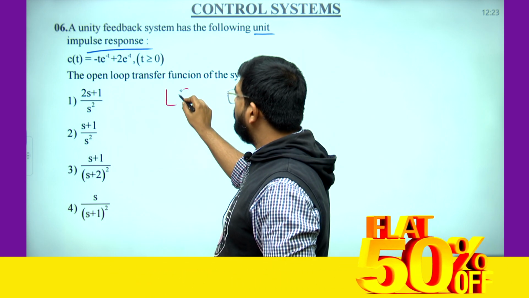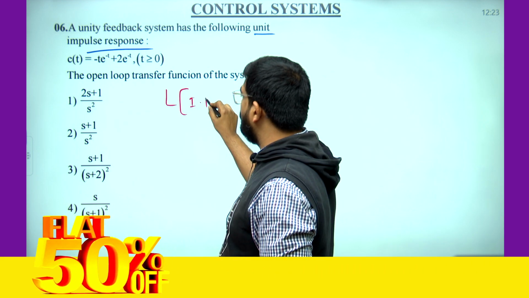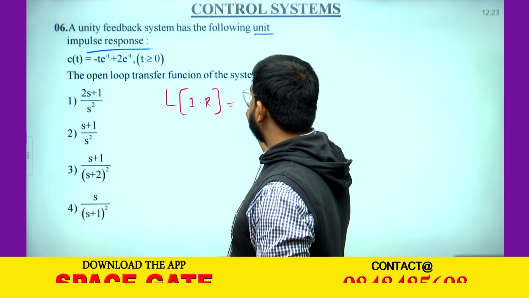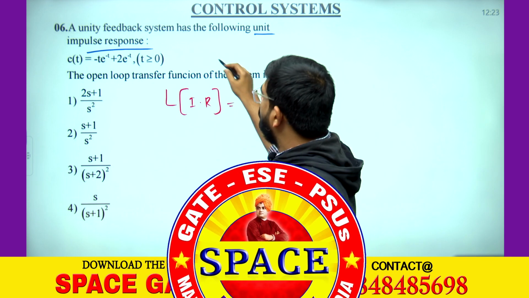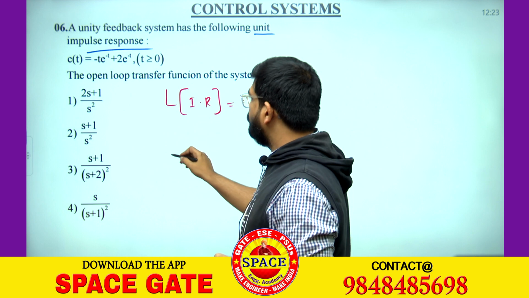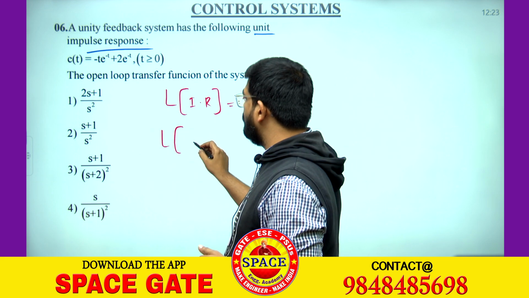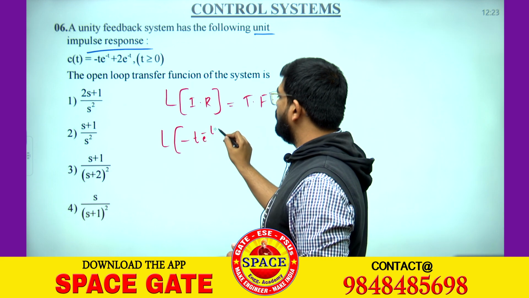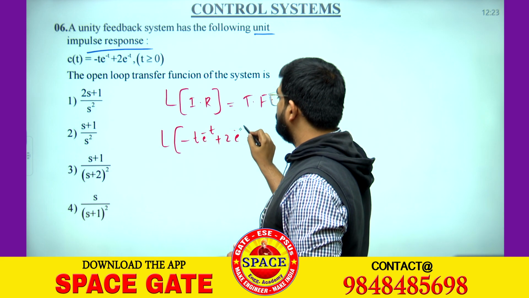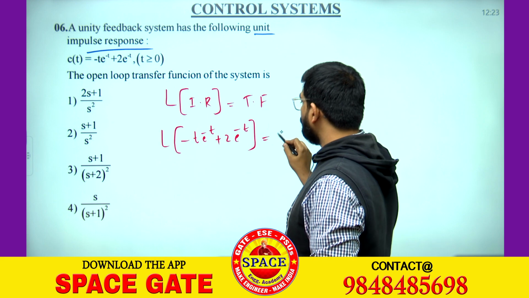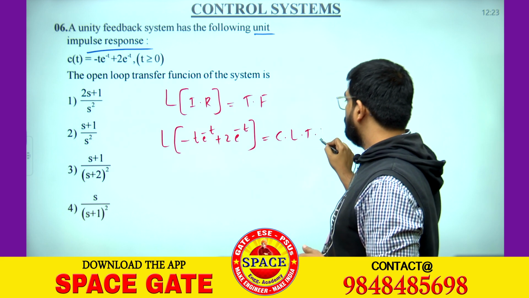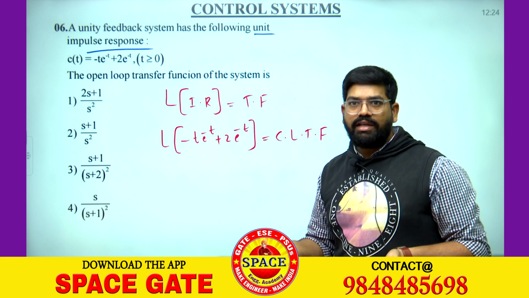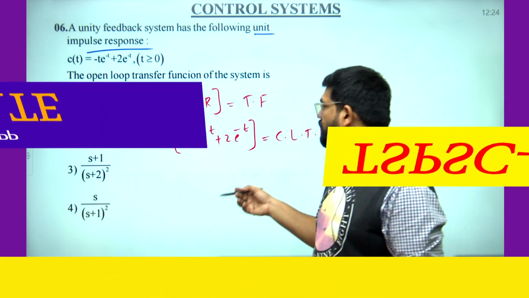The Laplace transform of the impulse response is nothing but the transfer function, but with the feedback it is the closed loop one. So if you find the Laplace transform of minus t e power minus t plus 2 e power minus t, we will get the closed loop transfer function, right? After that he is asking to find the open loop. First you find the closed loop.